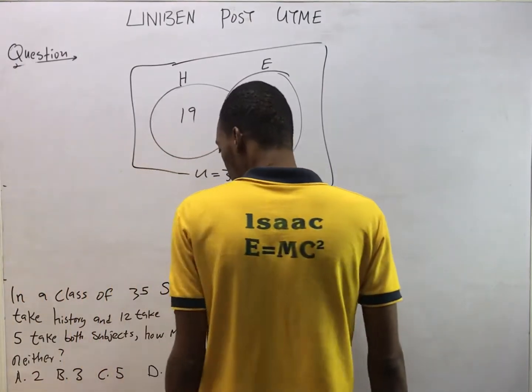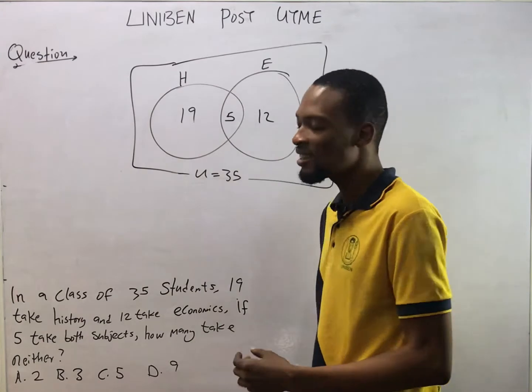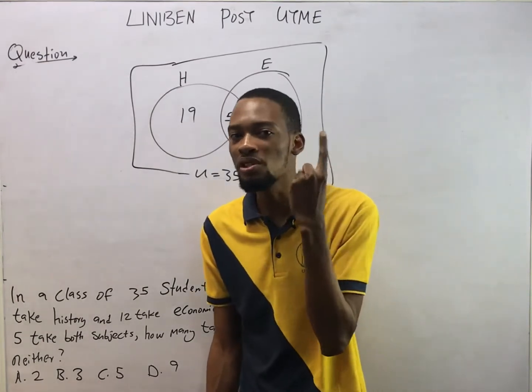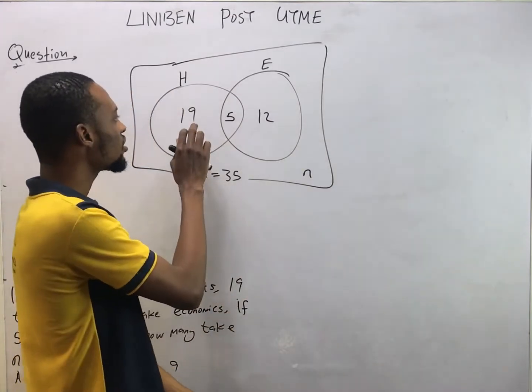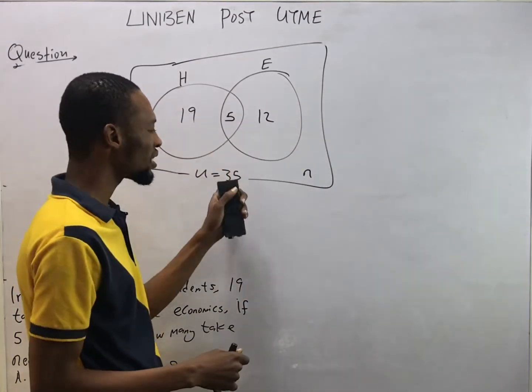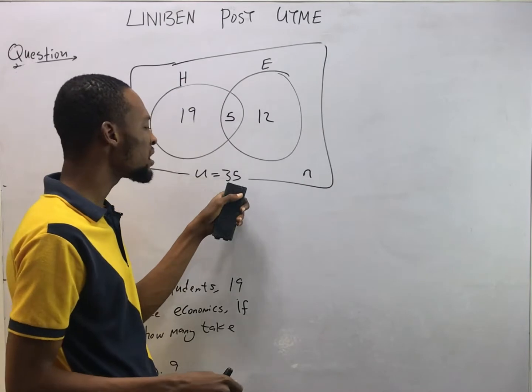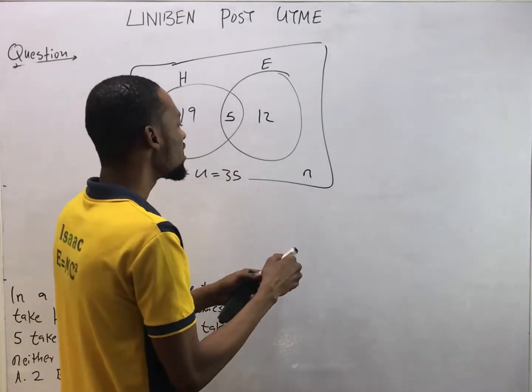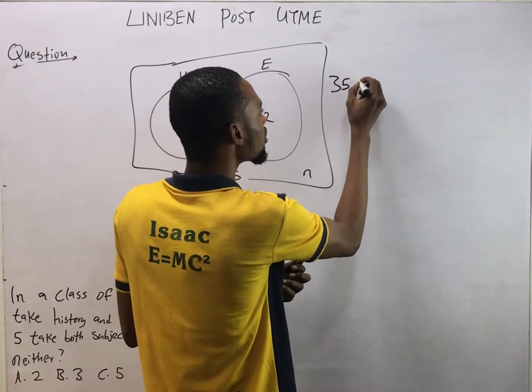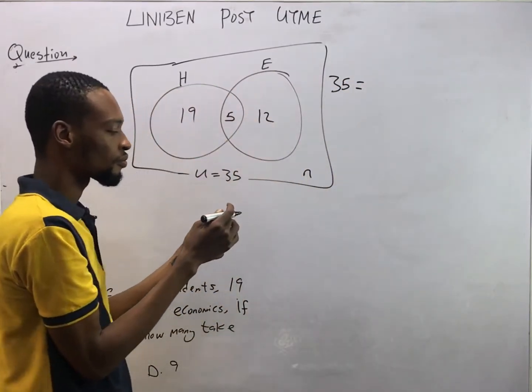And it also says 12 take economics. They did not say 12 take economics only. So once you add this and this, it's more than 35, which shouldn't be. Everything should equal 35.